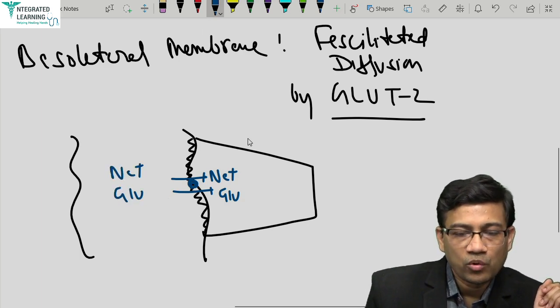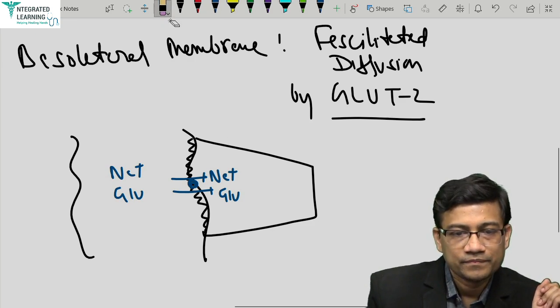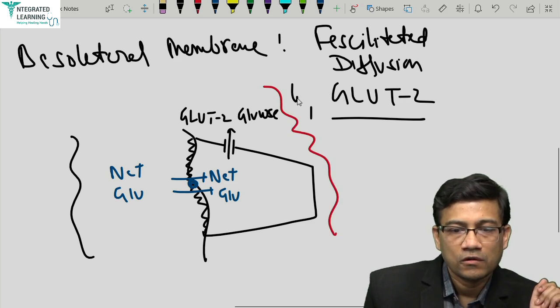Then they both enter here. Now this is GLUT2. It will make the glucose enter the blood. Where? In the blood. So that is how the glucose will enter the blood.